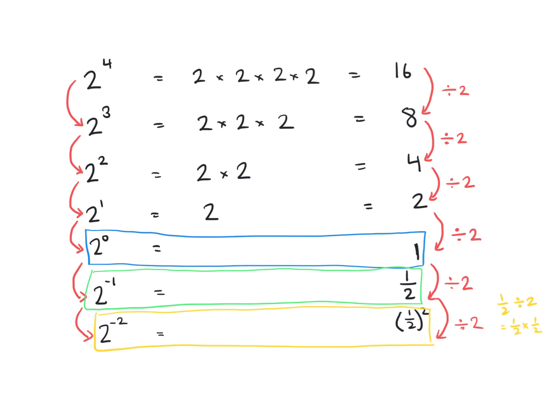I'm going to write down a rule on the next page. I will just call them rules for 0 and negative exponents. And these are the rules you're going to have to follow. You can consider them exponent laws if you want.